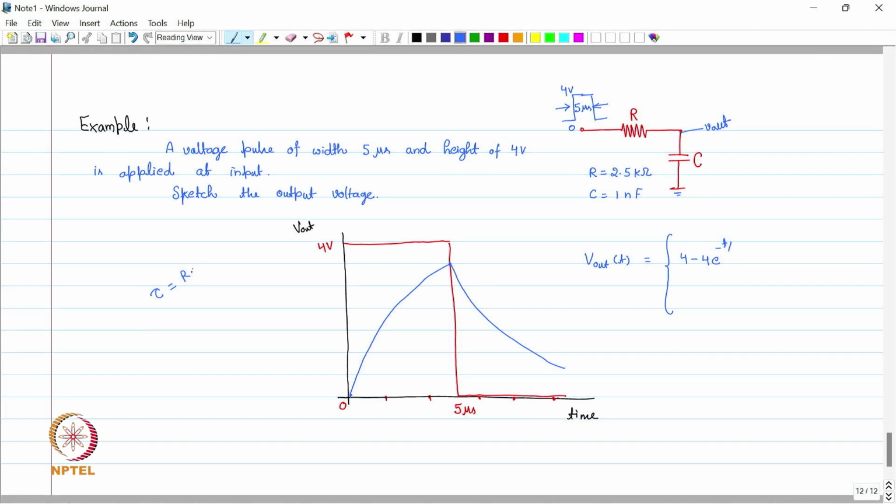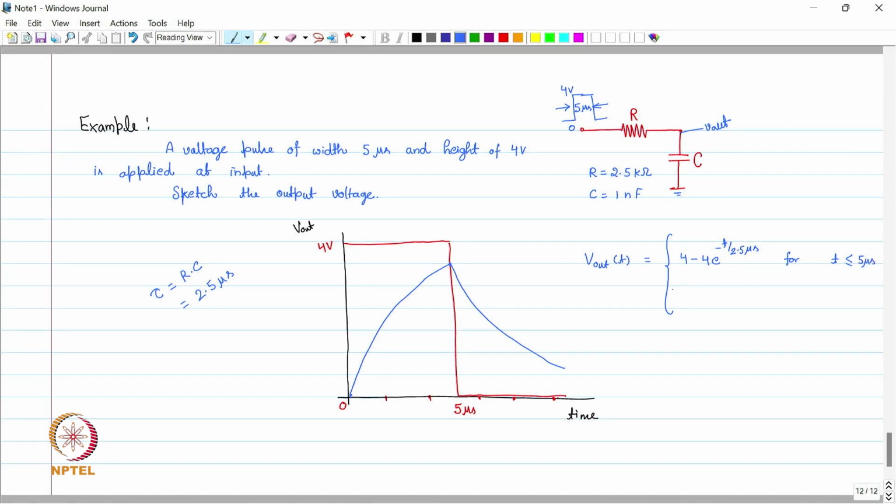Tau is R into C, which comes out to 2.5 microsecond, so minus t upon 2.5 microsecond. This is for charging, where the time is less than or equal to 5 microsecond.